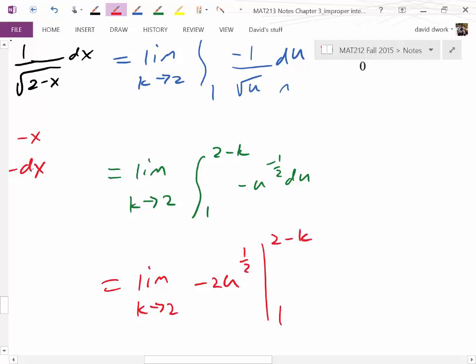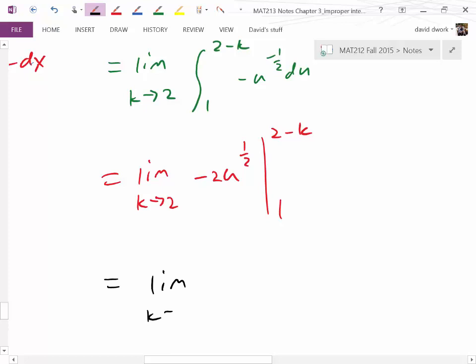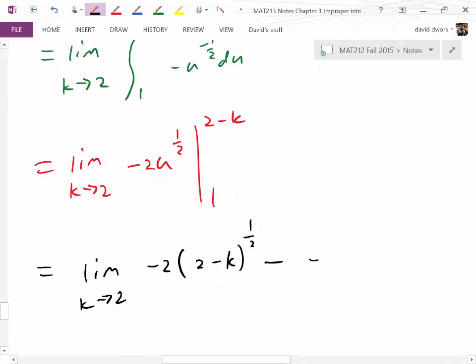And the nice thing here is I don't have to sub back in what u is equal to, because I changed all my numbers. So therefore, I can just sub in with what I have right here. So I'm going to have negative 2 times the limit as k approaches 2 of negative 2 times 2 minus k raised to the 1/2 minus negative 2 times 1 raised to the 1/2.